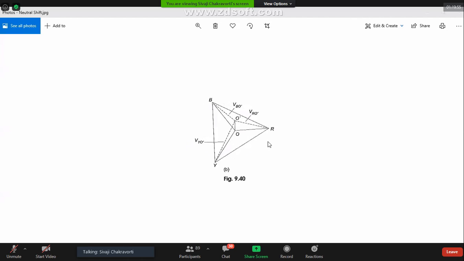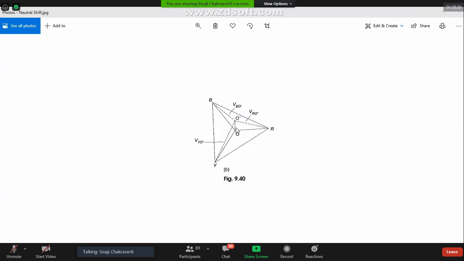Then O, this is the neutral of the source, because the source is balanced. Therefore, the line voltages are balanced. And this O is at the centroid. But now the three phase voltages, the dotted lines, they are not the same. They are different. And not only is there a magnitude difference, they have phase differences.